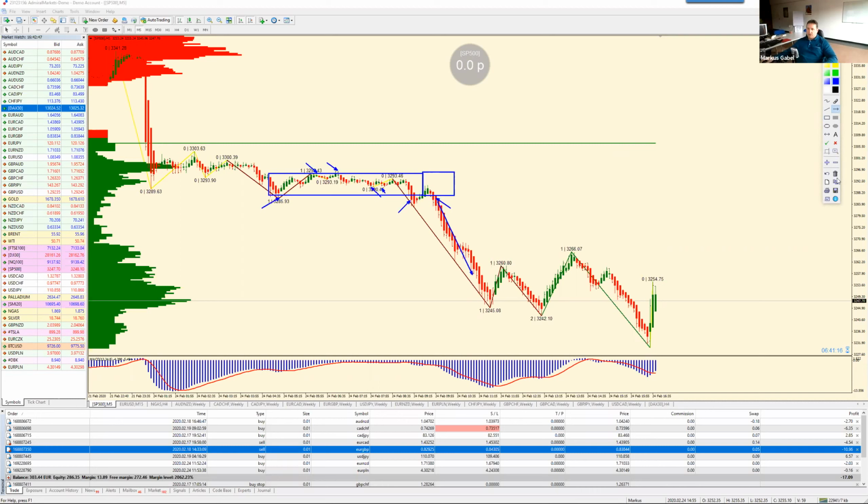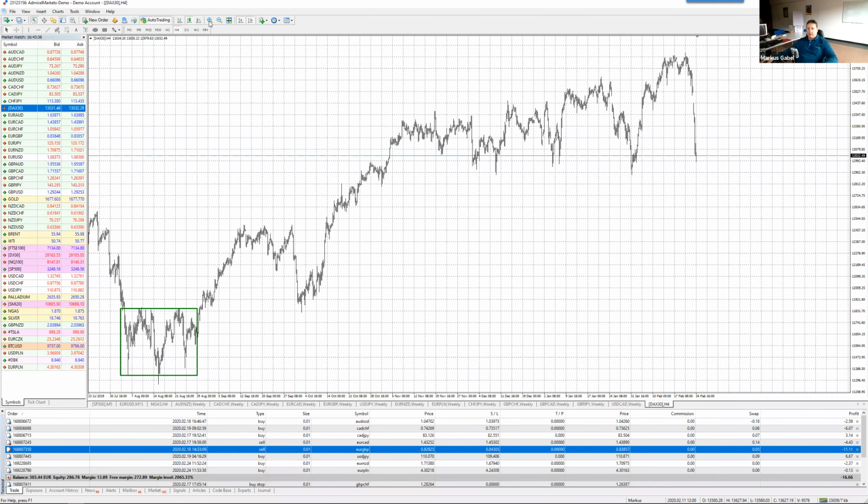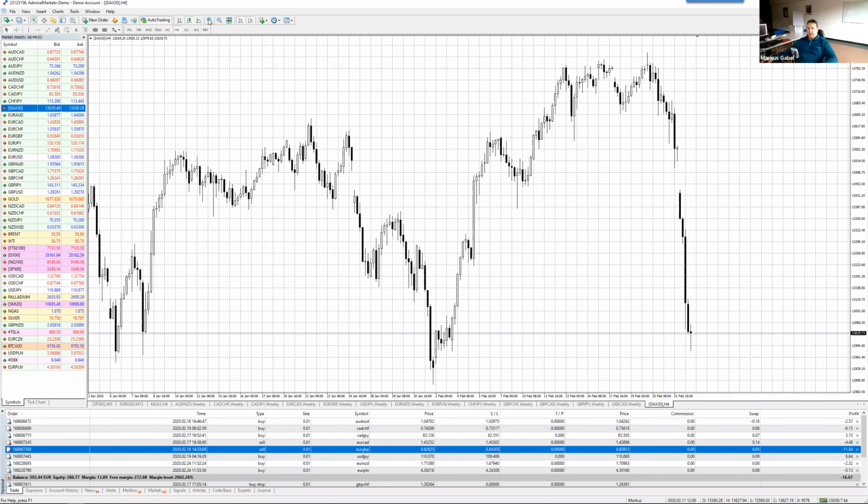Or you can use it on the lower side again. See? Here, for example, no close. Here was the close, and price went up again. And this example, you can use it in DAX or in something else, whatever you want. You can scroll in a little bit here, and we can use it in normal candlesticks as well.